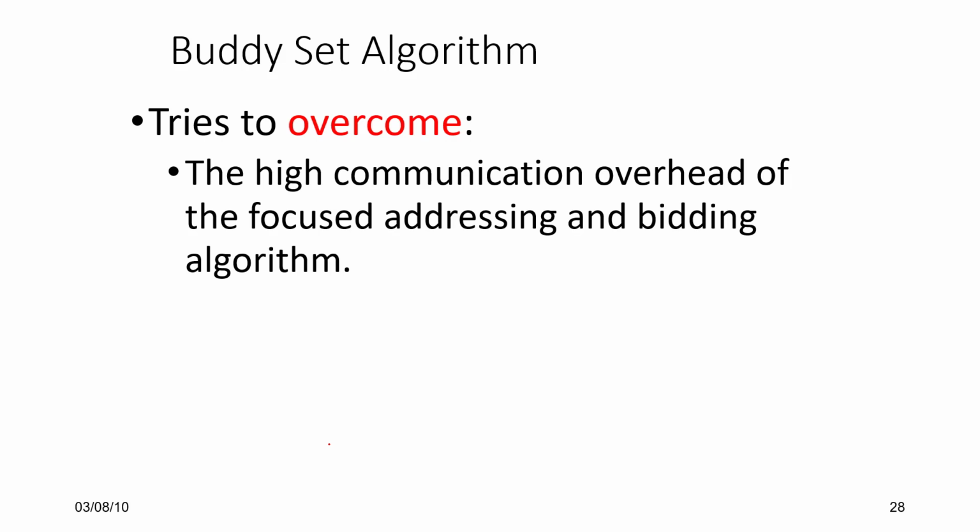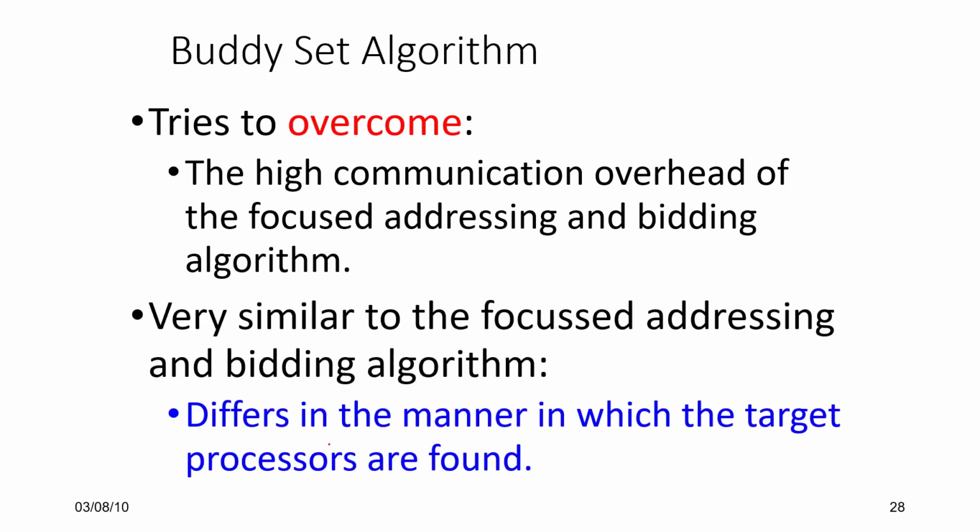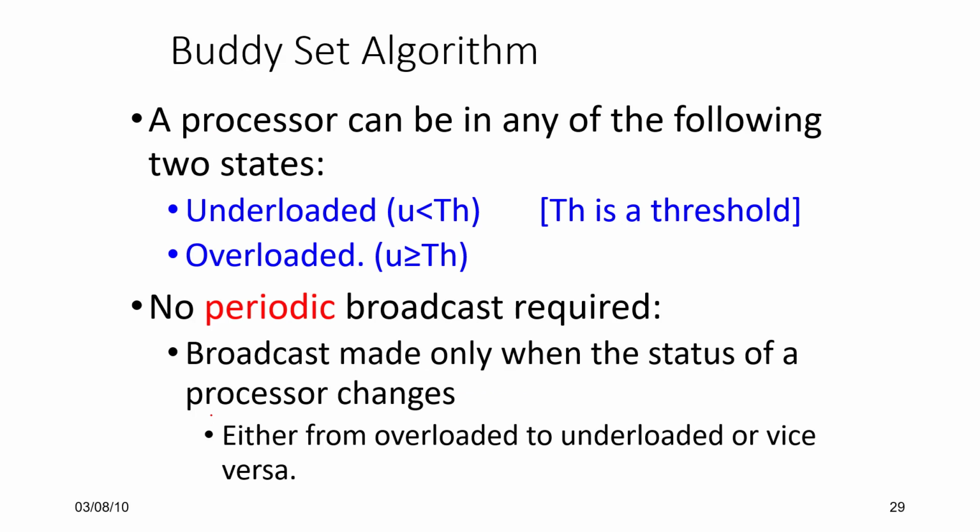So this is why we have the Buddy Set algorithm, which tries to overcome this. Overcome what? The high communication overhead. Here the idea is that you don't target all the processors, you target a few, right? So you reduce your domain of interest. A processor can be in one of the following two states. This is more like a binary protocol, right?